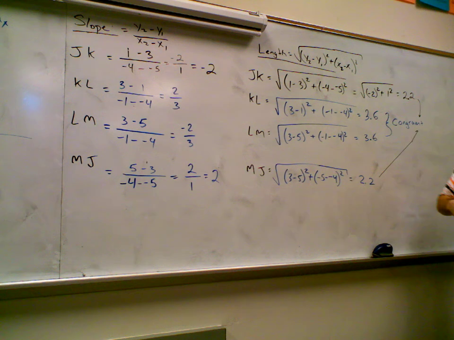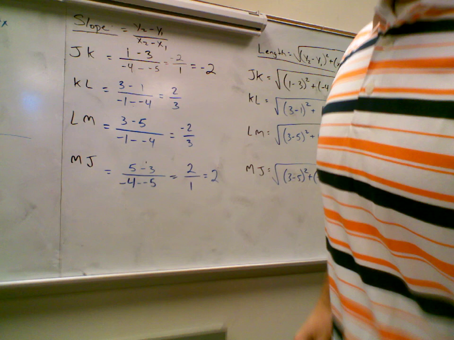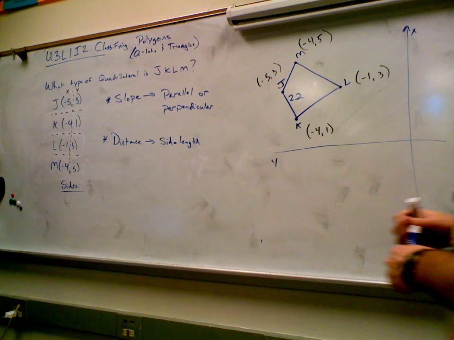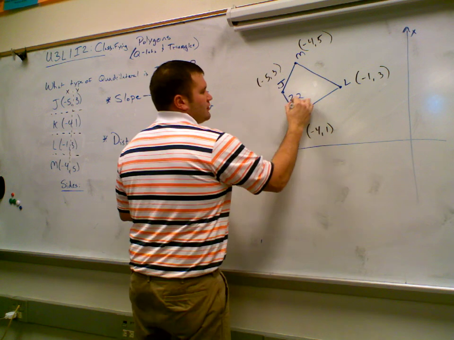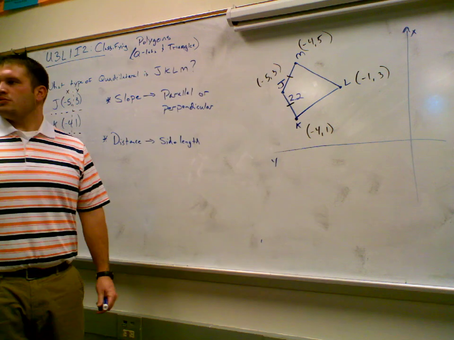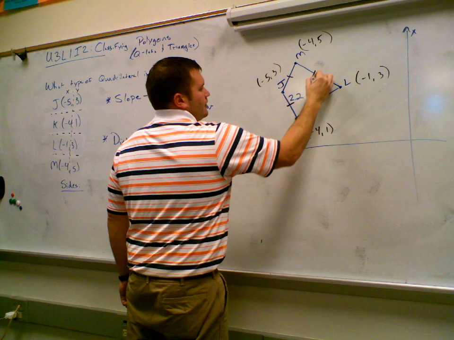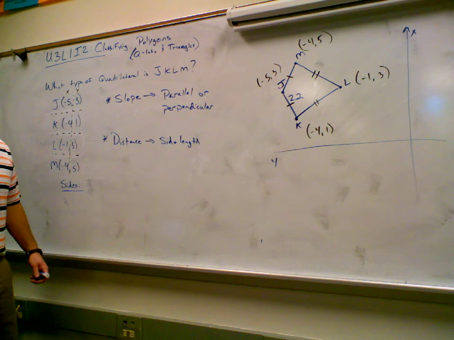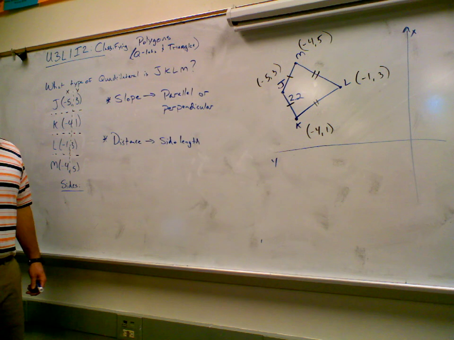So when I draw my figure, JK and MJ are congruent, and LM and KL are congruent.